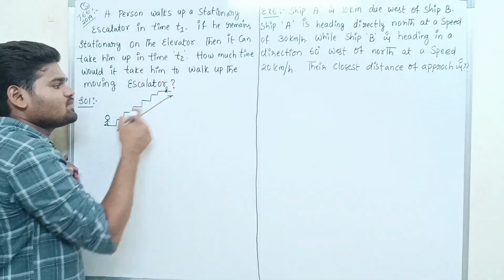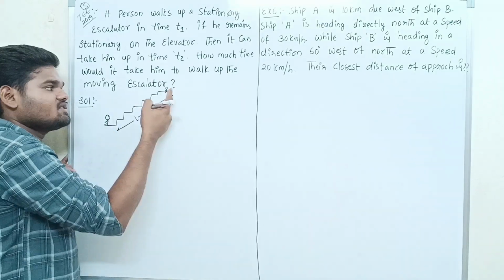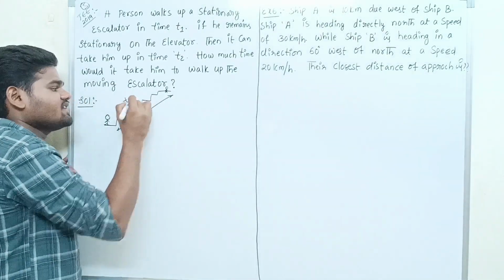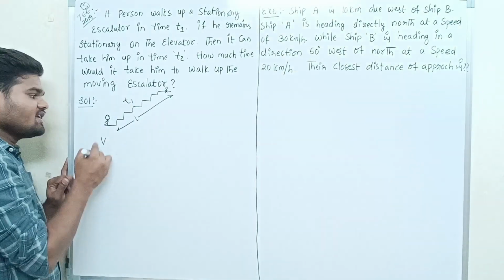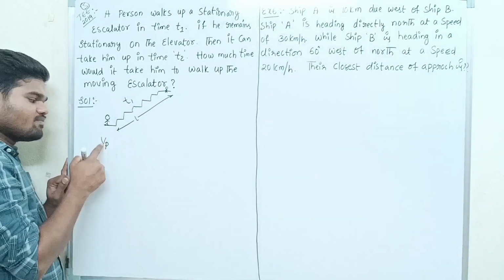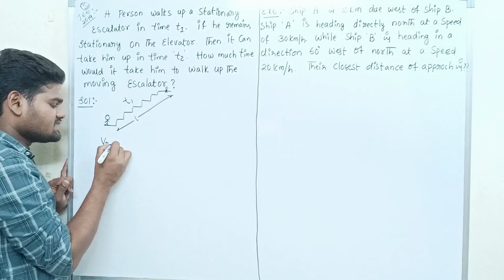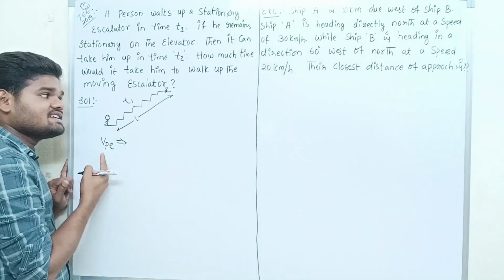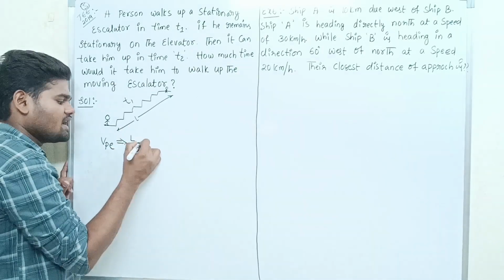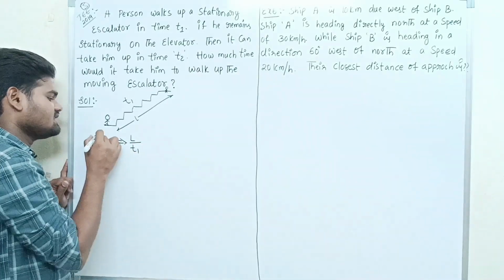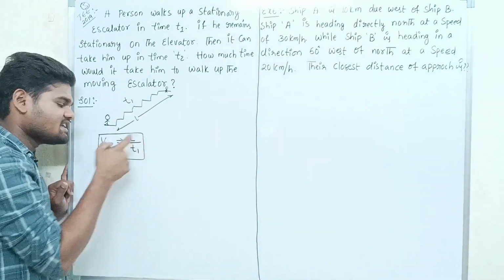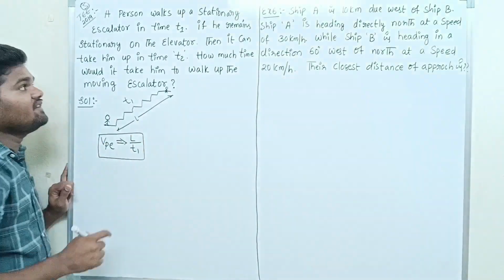The time taken by this person to reach from this end to this end on the stationary escalator is t1. So the velocity of person P with respect to the escalator is velocity equals distance by time. This is the first case given. Velocity of person with respect to stationary escalator is equal to L by t1.